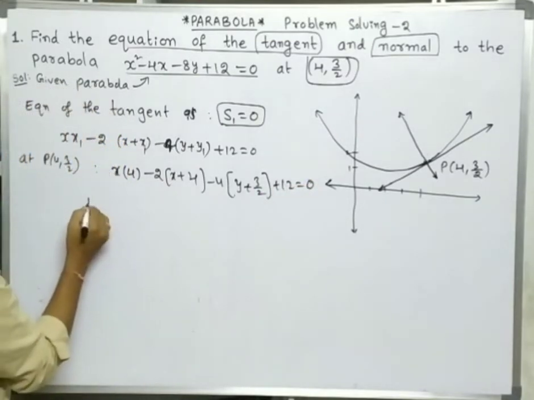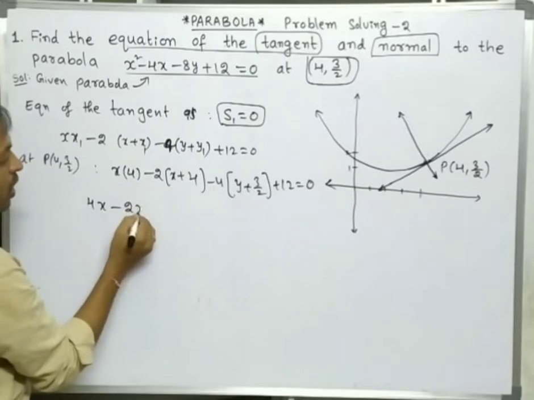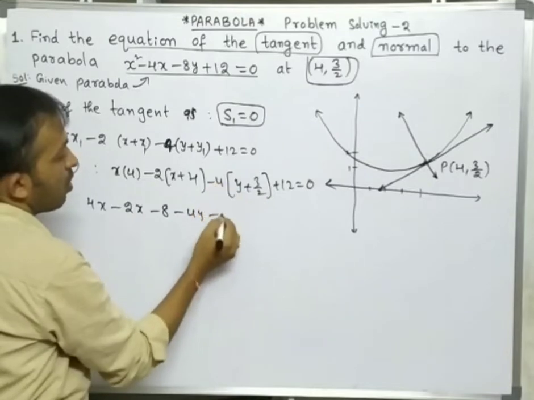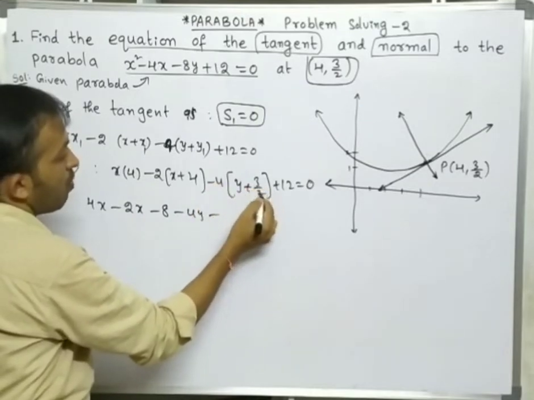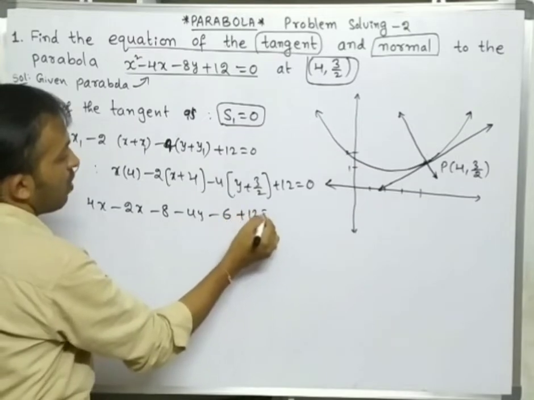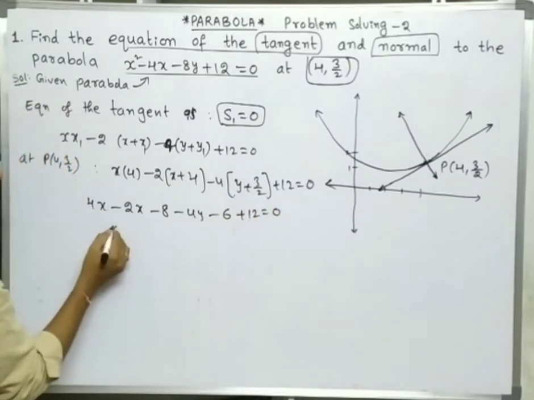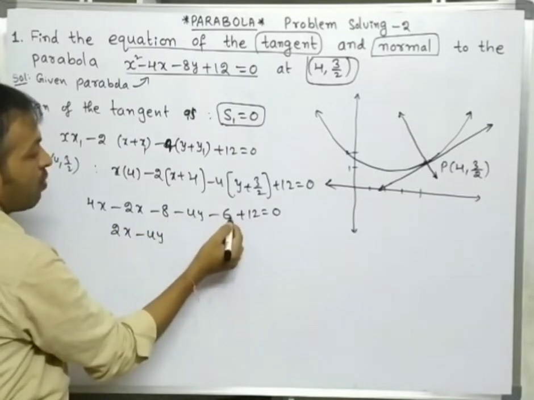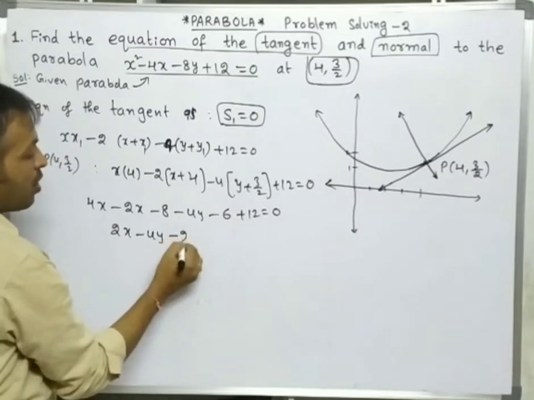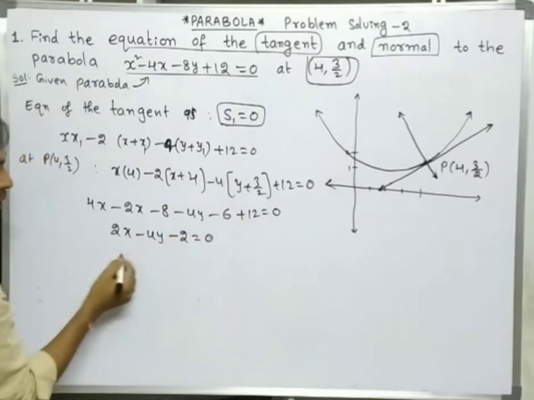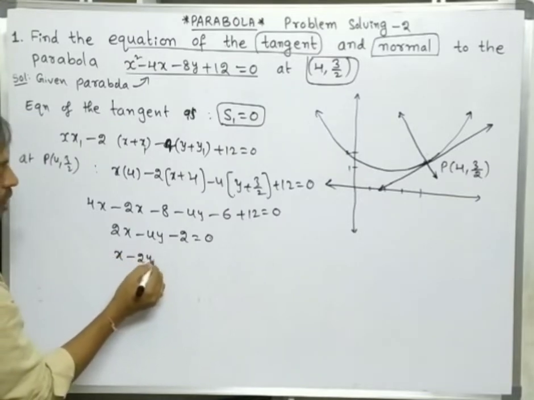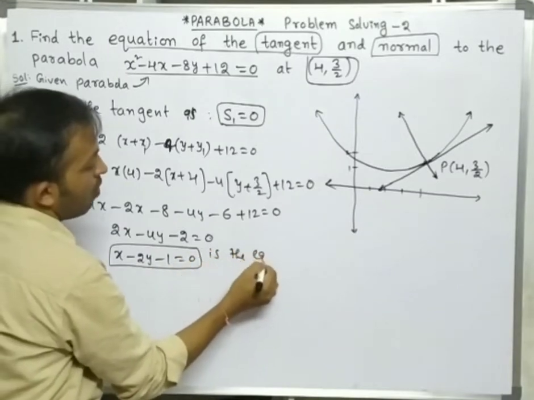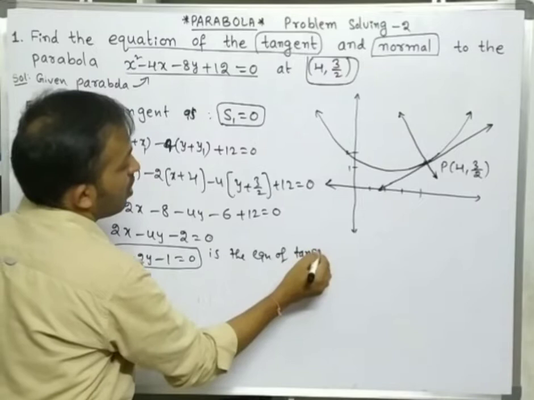Do the simplification. 4x minus 2x minus 8, minus 4y minus 6, plus 12 is equal to 0. So finally 4x minus 2x is 2x, minus 4y, minus 8 minus 6 is minus 14, plus 12 is minus 2, equals 0. Taking 2 common and cancelling, x minus 2y minus 1 is equal to 0 is the equation of the tangent at the given point.